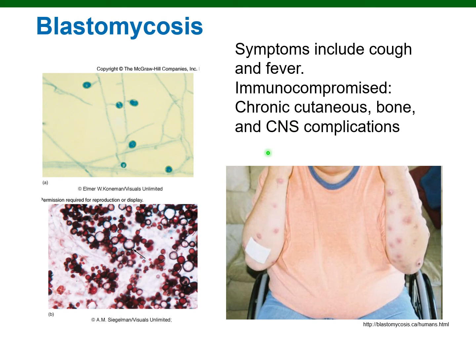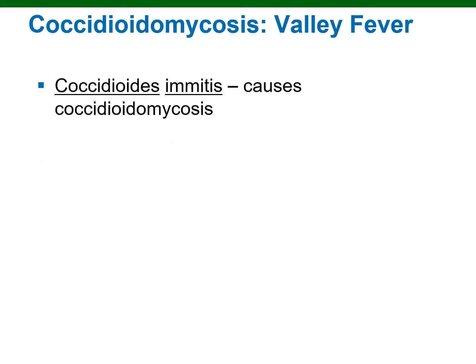So in the worst of cases, people can die from this, but if the amphotericin B has an effect, it may be able to save a person from ultimate destruction. So very serious disease.